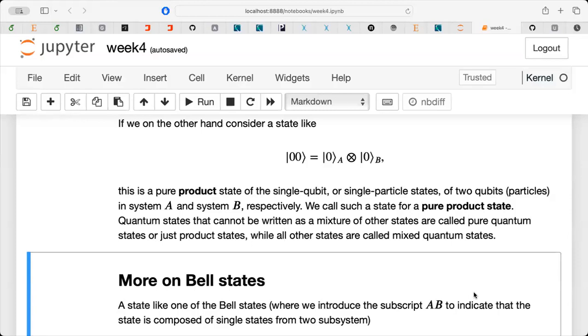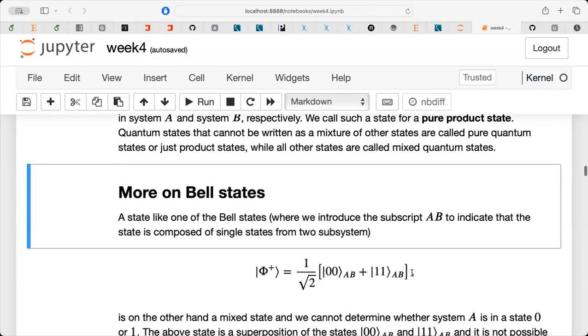Yes, thank you. Okay, so if we then look at these Bell states, they are states which are so-called entangled, and we cannot write them out as product states.